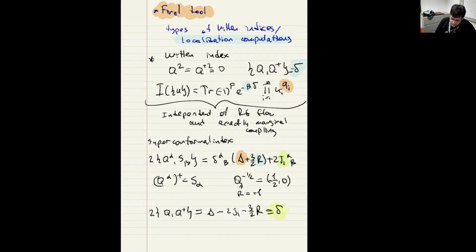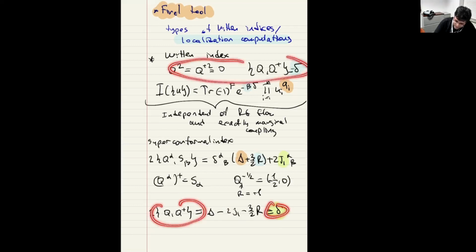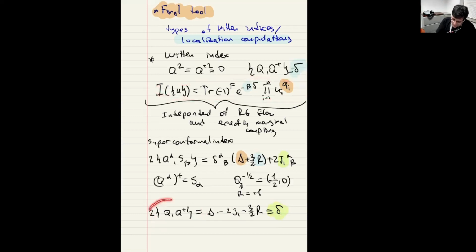Where J1 here is the Cartan generator of this SU2 rotation. And now this algebra is exactly of the same form as written here, so we can define the Witten index for this algebra. And this Witten index is called the superconformal index.